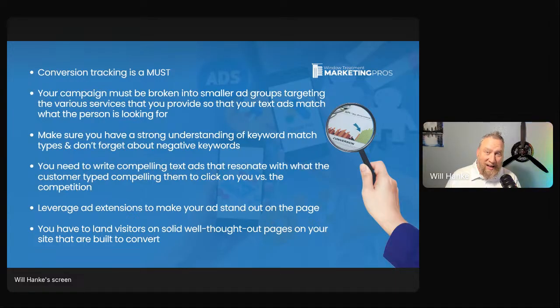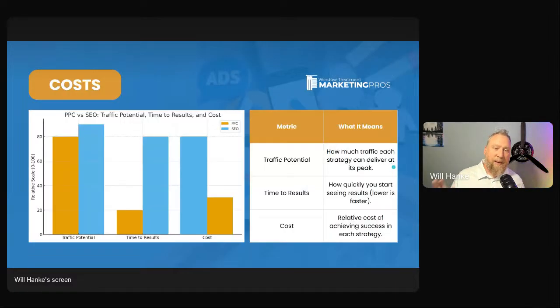Don't forget about the negative keywords. You don't want to waste your money on people searching for a job or DIY ideas. Make sure you're using ad extensions, that your ads are written well, and that you have very well thought out landing pages and not your homepage on your website so that they can convert the best possible.